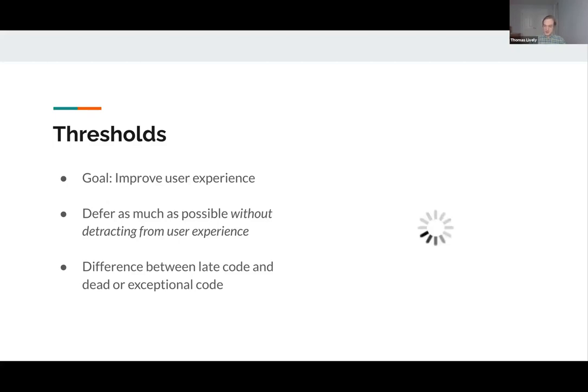We're going to have to set a threshold and maybe we deferred too much and now we're waiting in the middle of this application for the new code to load. Or we deferred too little and it always runs fine, but we're still waiting too long for that initial module to load. And I expect this to be different from application to application too. So we probably want to give the user some control over the thresholds here.